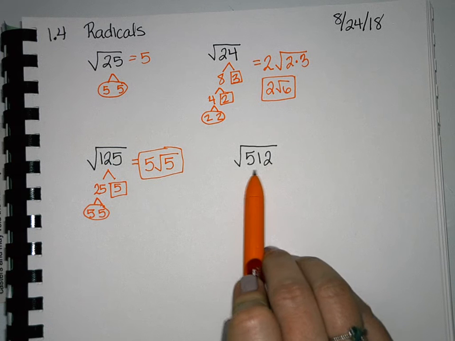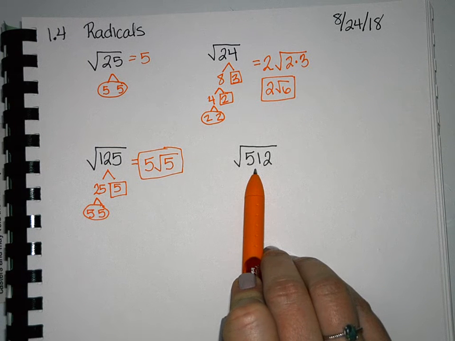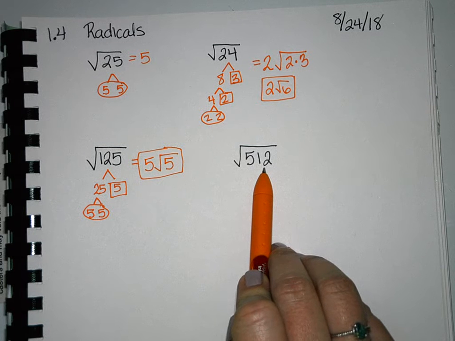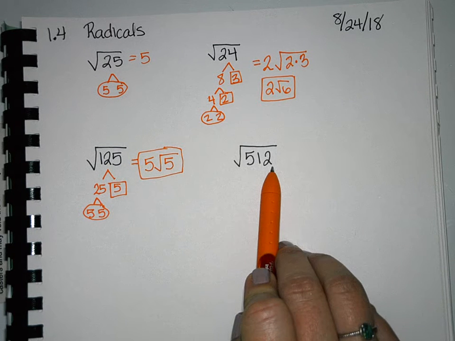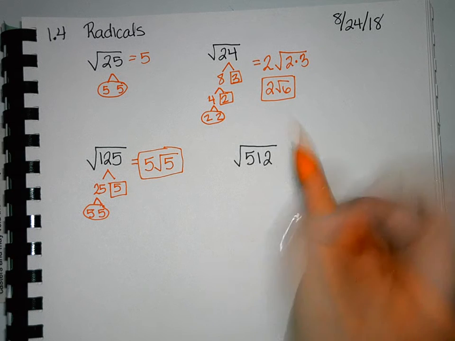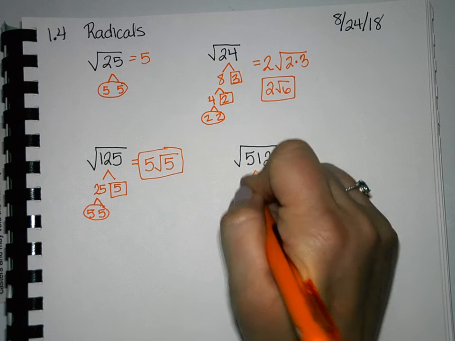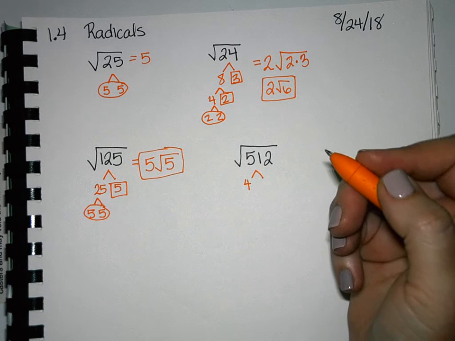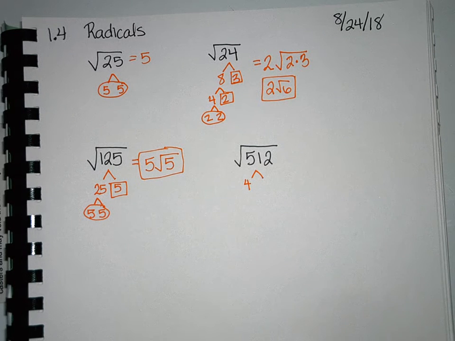So when I look at this, does 4 go into 12? Yeah. So that means 512 can be divided by 4. So we're going to divide it by 4. If you want, you could also start with 2, because you know 2 goes into it. The bigger the number, though, usually the quicker we can get to the bottom of our tree.